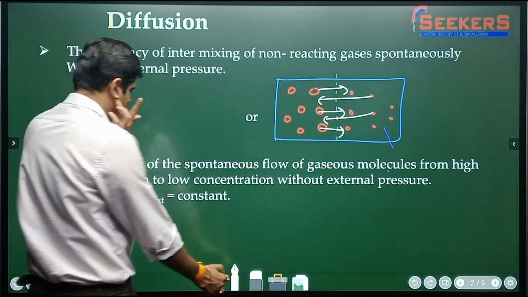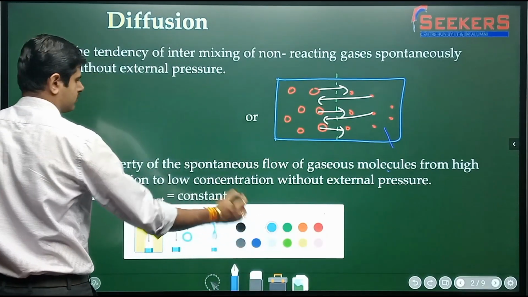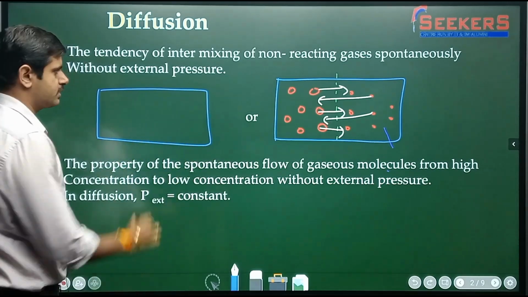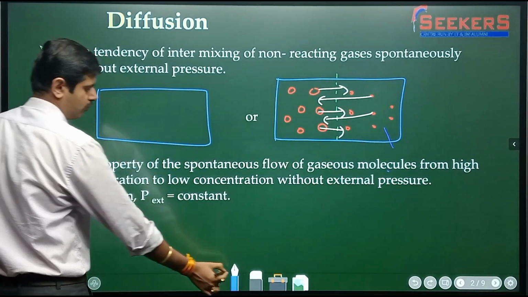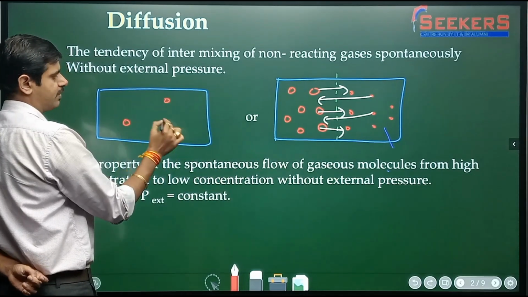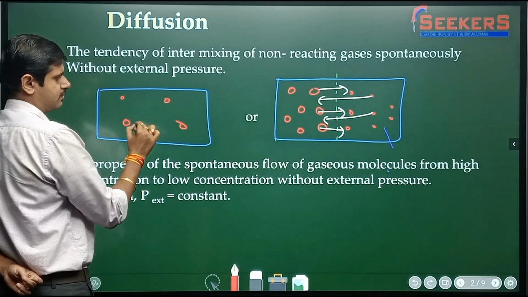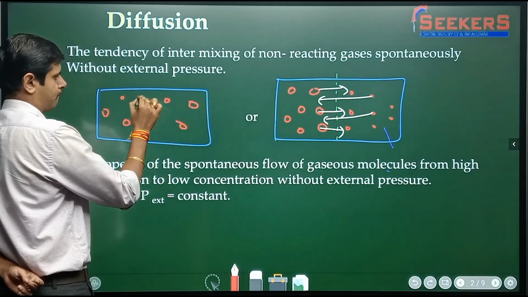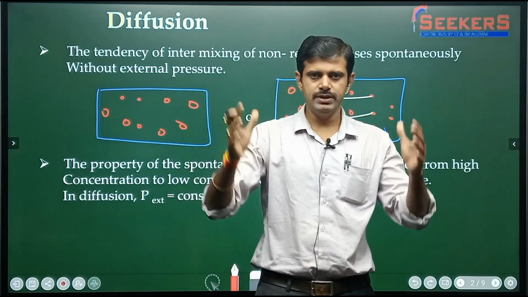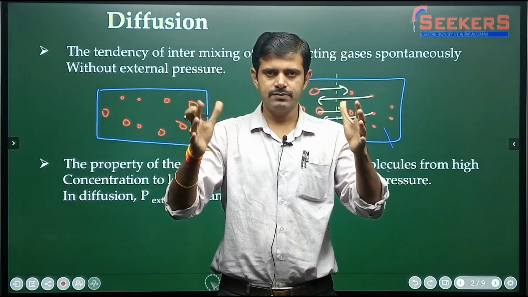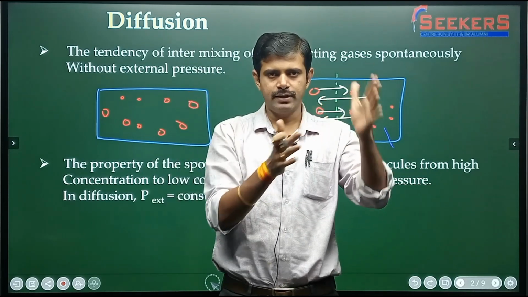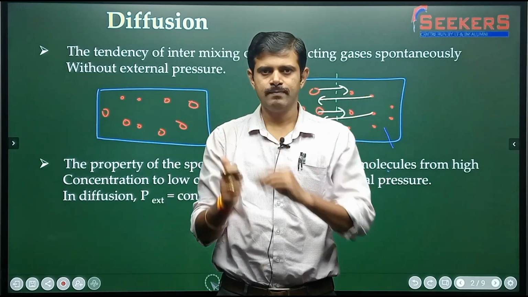So what will happen in this case? These gases will start moving from one point to another point. This intermixing of gas is called diffusion. We have a chamber of gas, we take out the partition, the gas on the left-hand side will come to the right-hand side, and the gas on the right-hand side will come to the left-hand side.